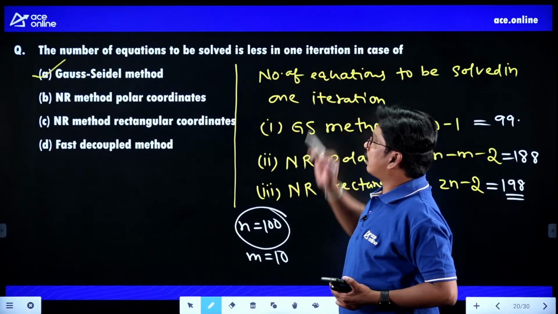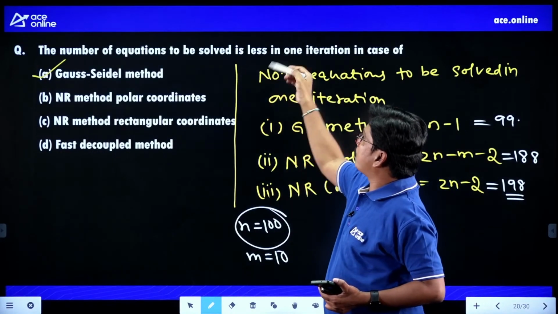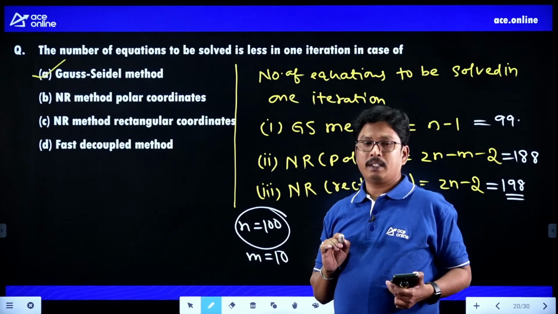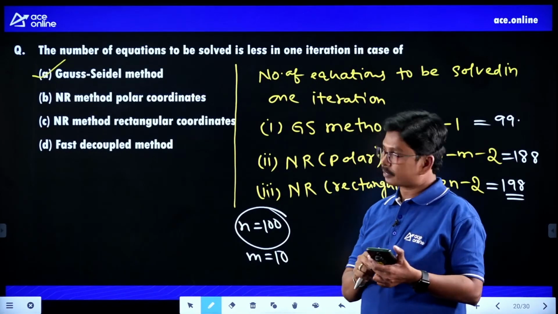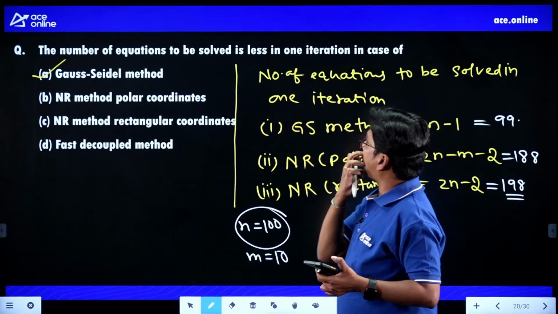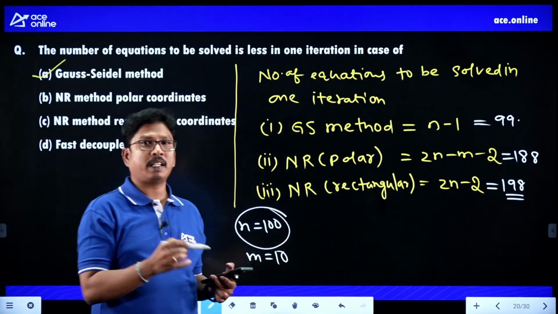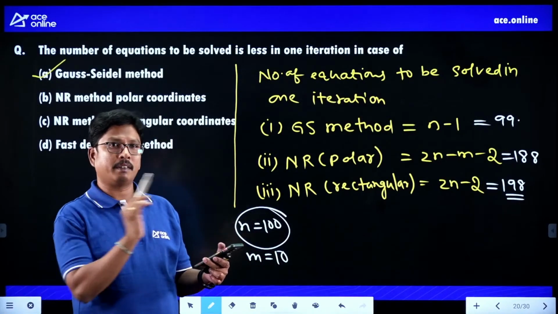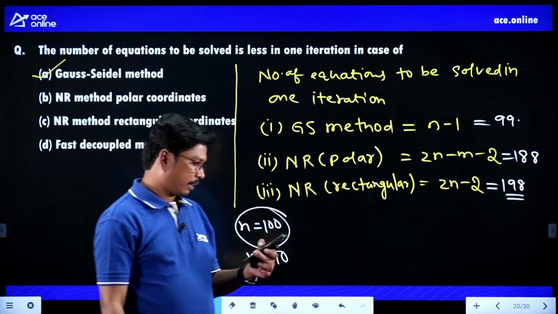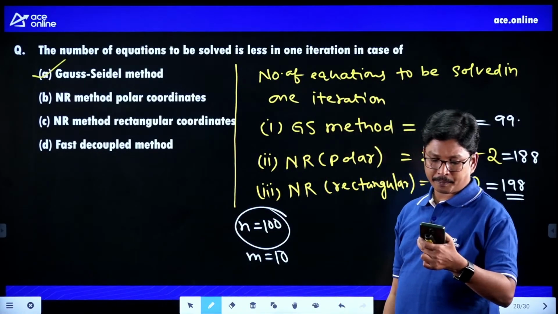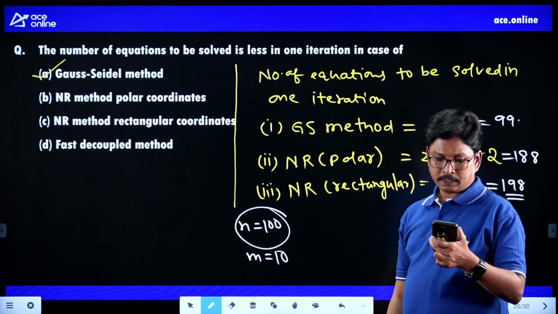Suppose the same question is asked: the number of equations to be solved will be highest in one iteration, for which one? If the same question is asked for the maximum number of equations to be solved, for which of the following methods?